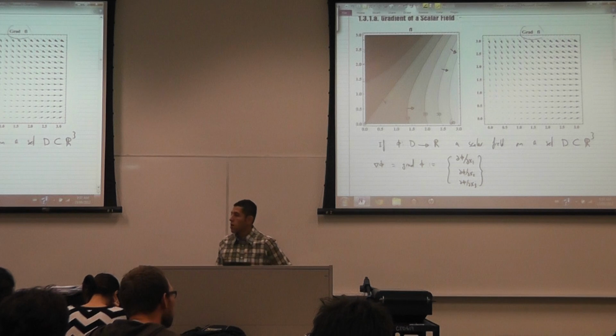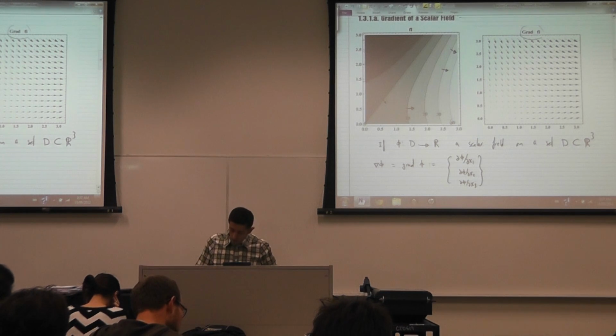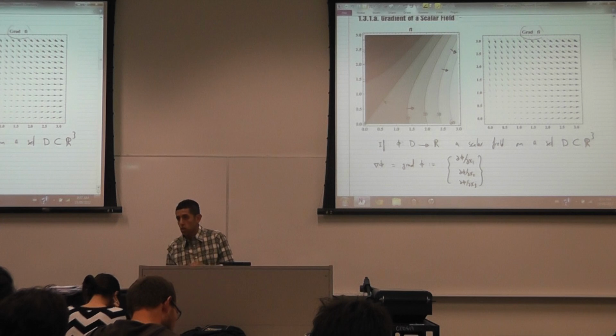A vector with 3 components. And this vector gives me the direction of the maximum change in that scalar.